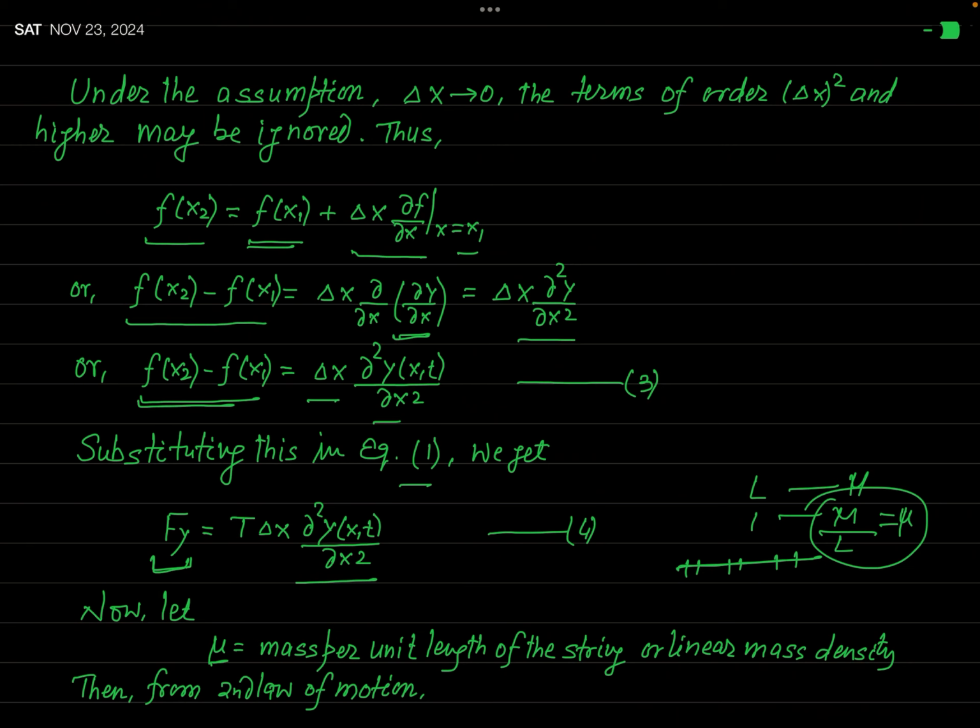So, can you say what will be the mass of this element AB? As you know, the length of this element is delta x, and the mass of unit length is mu. Therefore, the mass of delta x length will be mu into delta x. So this is the mass of the element.